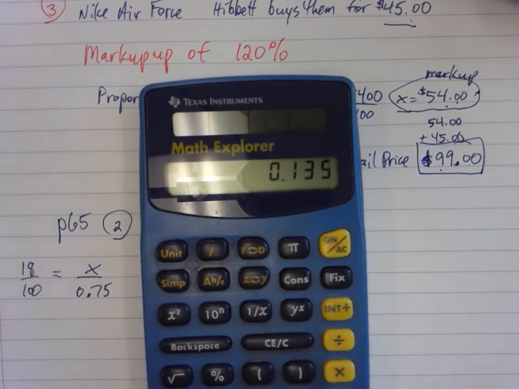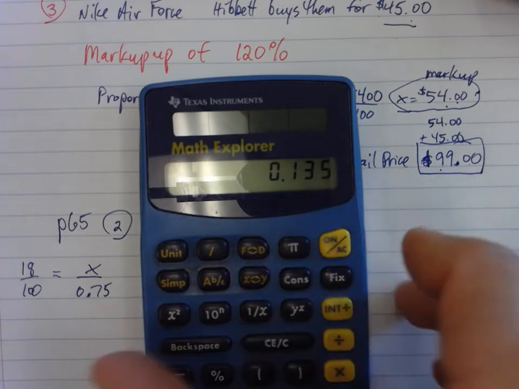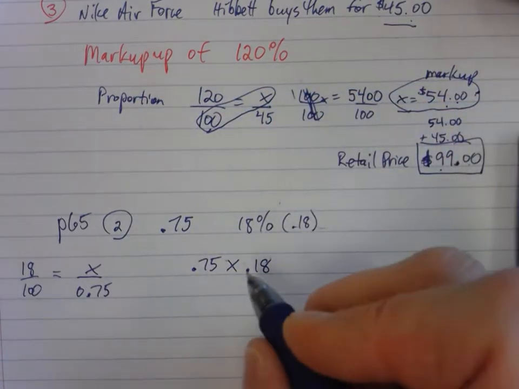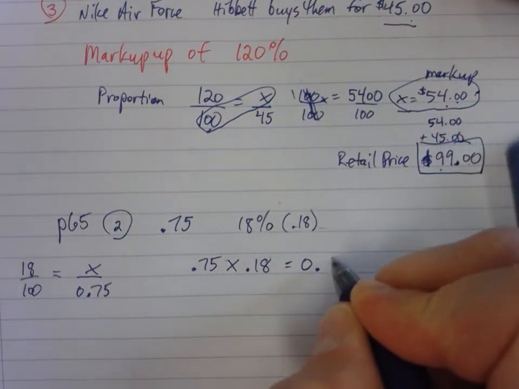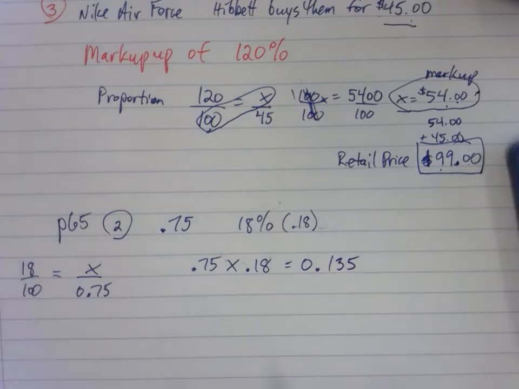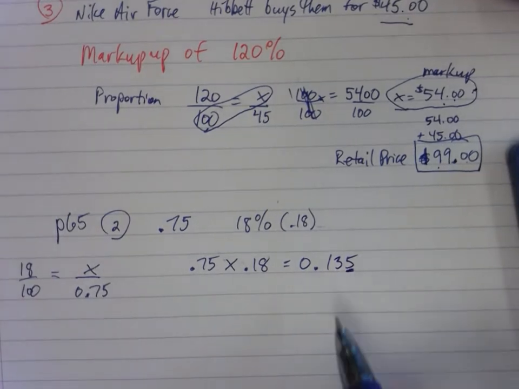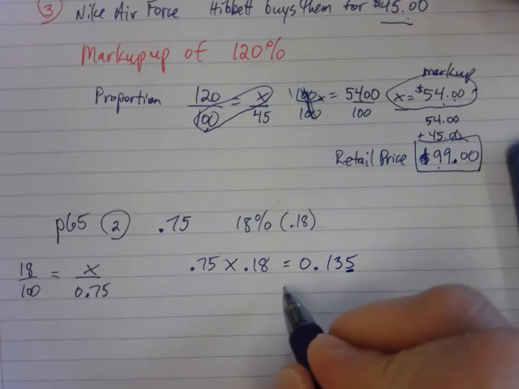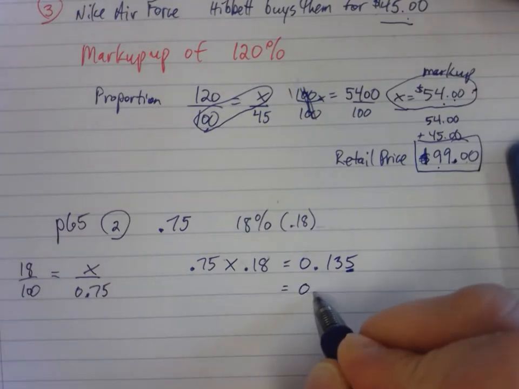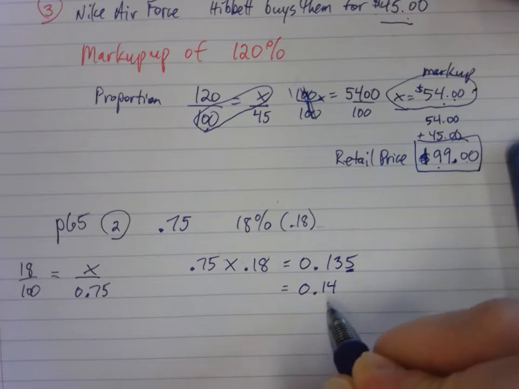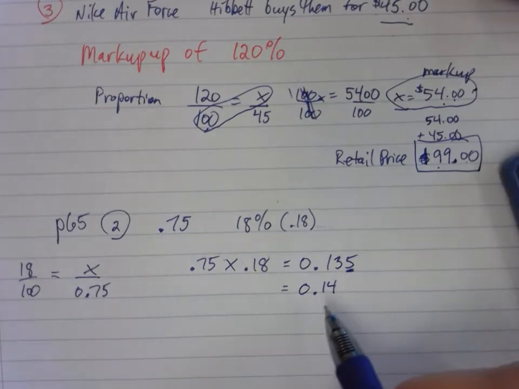That gives us 0.135. Now we have to do dollars and cents, right? Since that is a 5 there, that's going to round up to how many cents? Hopefully you are saying 14 cents. So that is the markup.